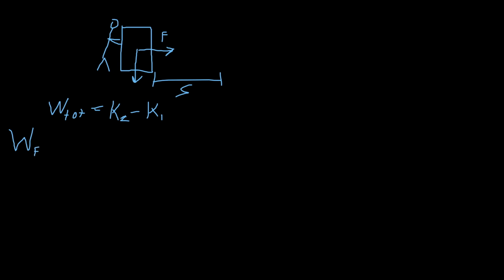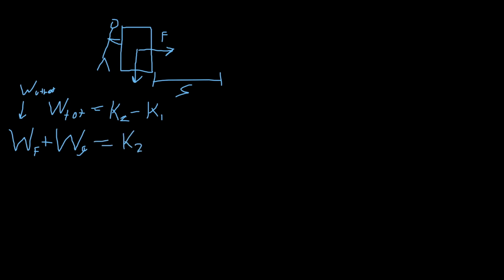We'll just write an F here. This work other can be friction, or a force someone's applying. It's pretty much a catch-all in our case here. And then we have the work of gravity, Wg, is equal to K2.